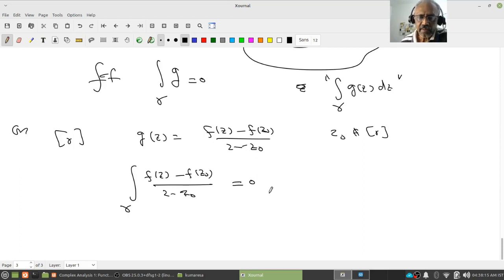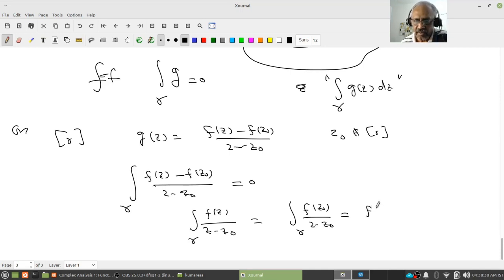right? But we know path integral is linear, therefore this fellow is nothing other than integral of f of z by z minus z naught over gamma minus integral of f of z naught by z minus z naught over gamma. But remember, f of z naught is constant, independent of the integrating variable z.